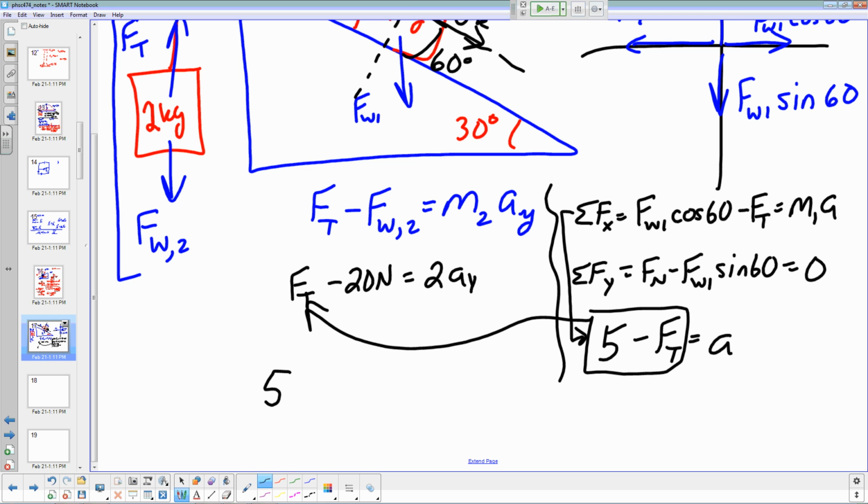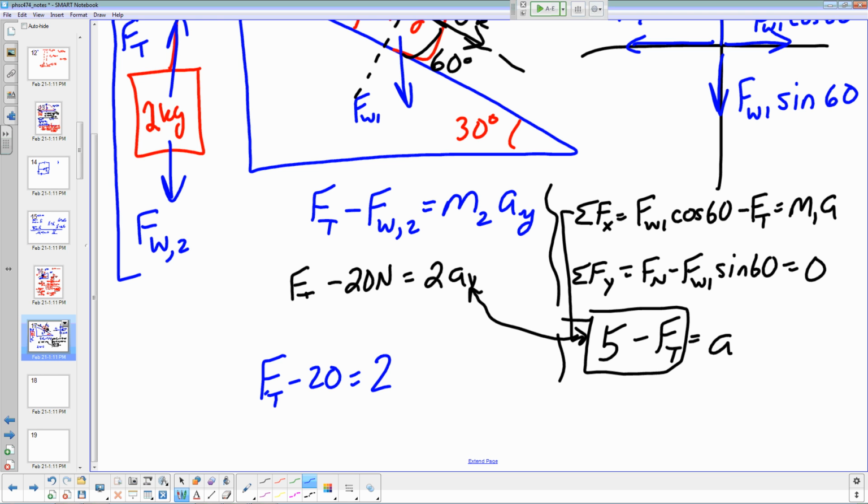So I'm just going to take this and plug it in right here. Plug that, which is equal to a, right there. I get Ft minus 20 equals 2 times 5 minus Ft.